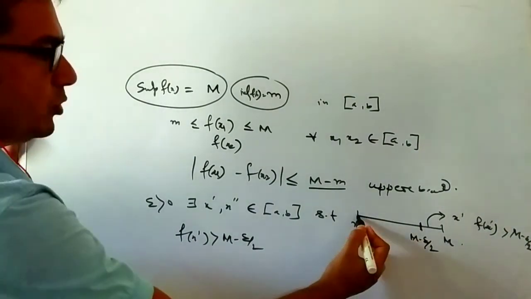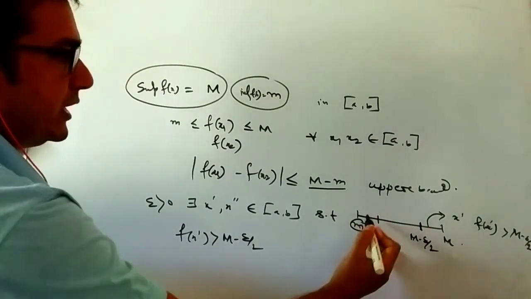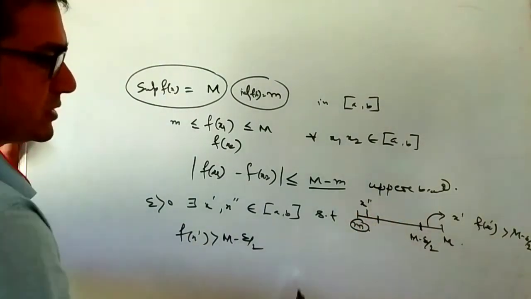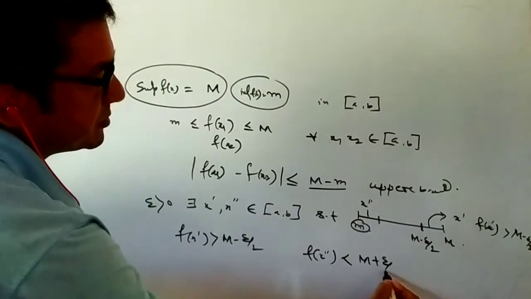Similarly, if we add epsilon by 2 with m, then there exists x'' such that f(x'') is less than m + epsilon by 2.